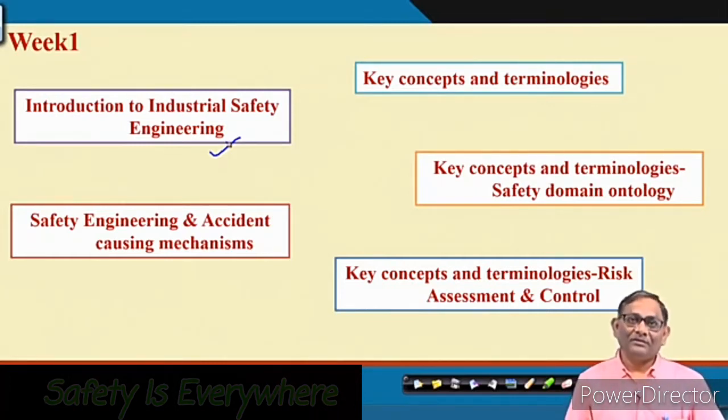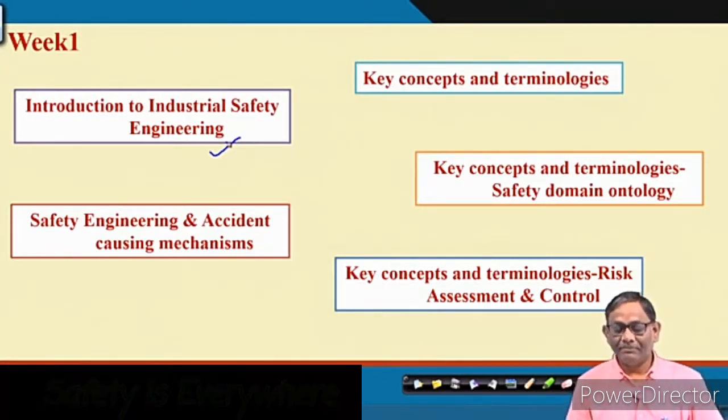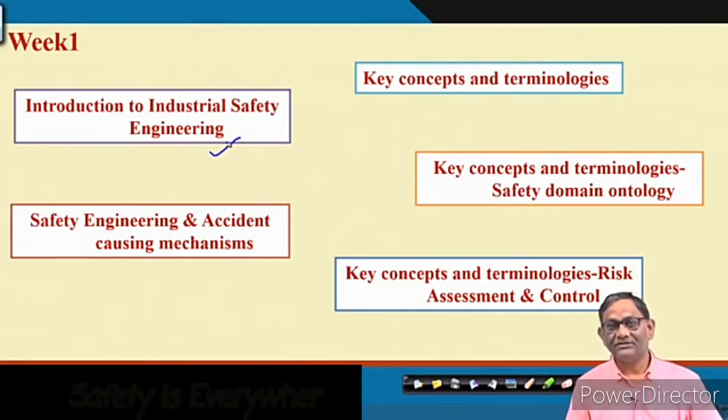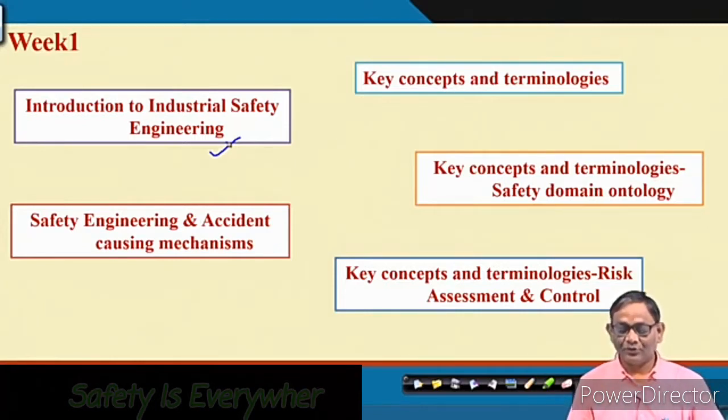Like other disciplines or subjects, every subject has its own language. So, safety engineering also has its own language. The terms and definitions, all those things we discussed in week 1.